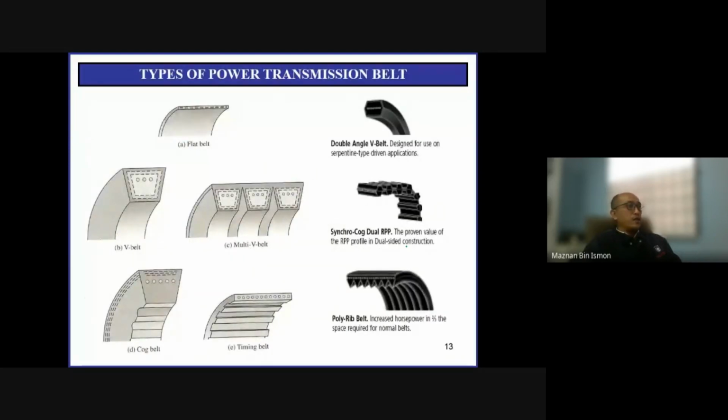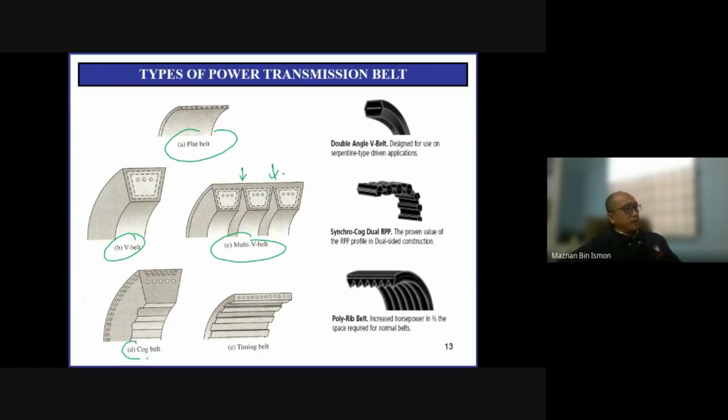What we will focus on in this study is only the flat belt and V belt. Flat belt and V belt. This is also a V belt, but a combination, a multi V belt lah. They join it together here.